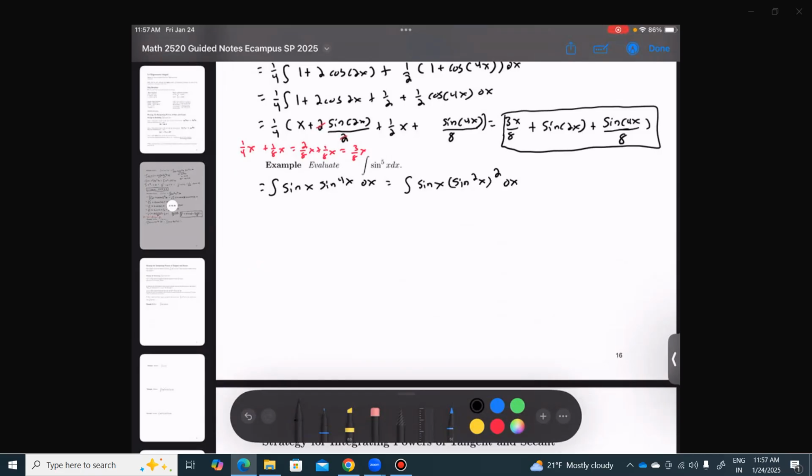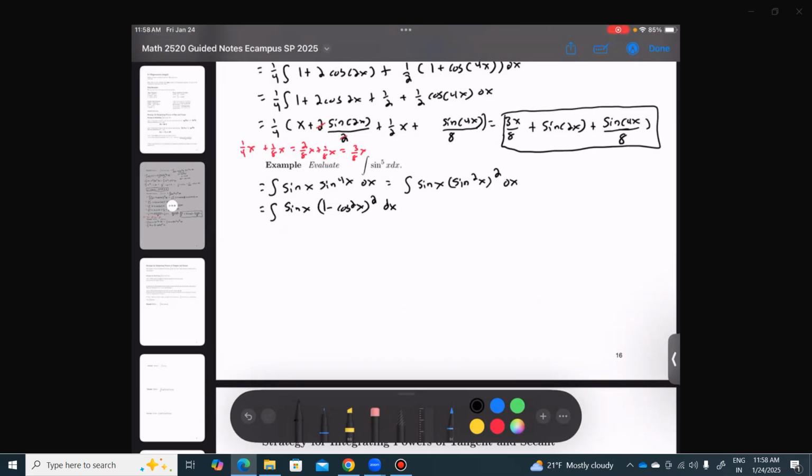Sine to the fourth is the same thing as sine squared times sine squared. And then sine squared x, we'll let that be 1 minus cosine squared x, being squared, dx.